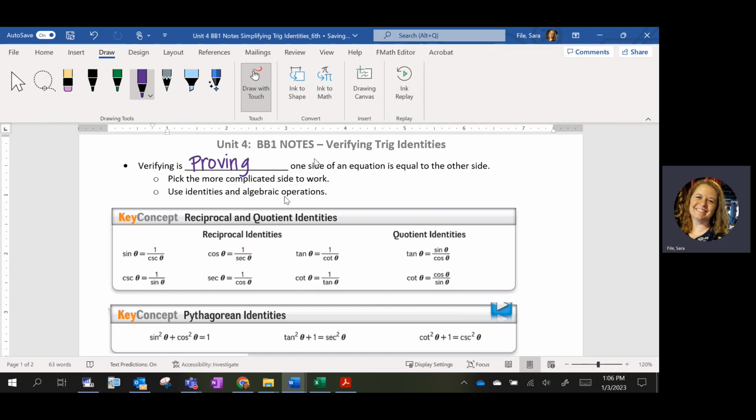We use those and these trig identities to manipulate and rearrange one side of the equation until it matches the other. Once we do that, we have proved, we have verified that it is indeed true.